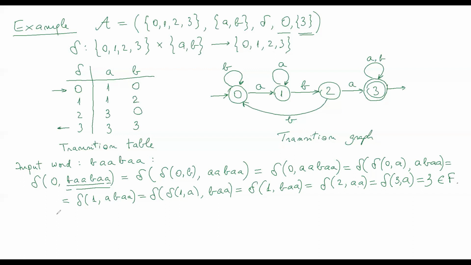So we conclude that this is an accepting computation, meaning that the word that we had in the input, BAABA, is in the language of A. So it's accepted by the automaton, or we also say that it's recognized by this automaton.